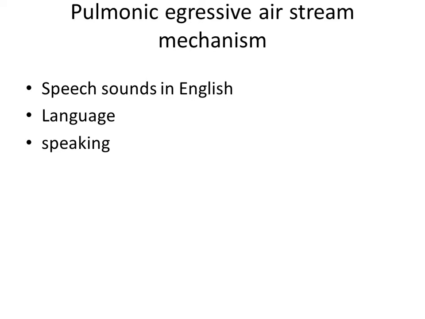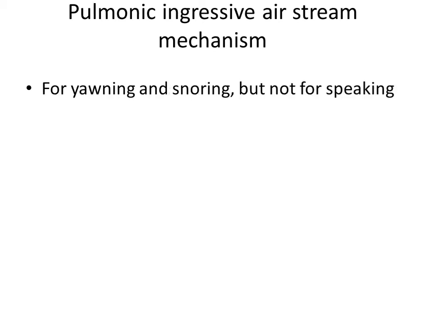The speech sounds in English are articulated with the pulmonic egressive airstream mechanism. Most of the languages in the world, and the human beings communicating with each other, the articulation of sounds is under the pulmonic egressive airstream mechanism. Speech sounds in English, speaking, everything comes under this mechanism.